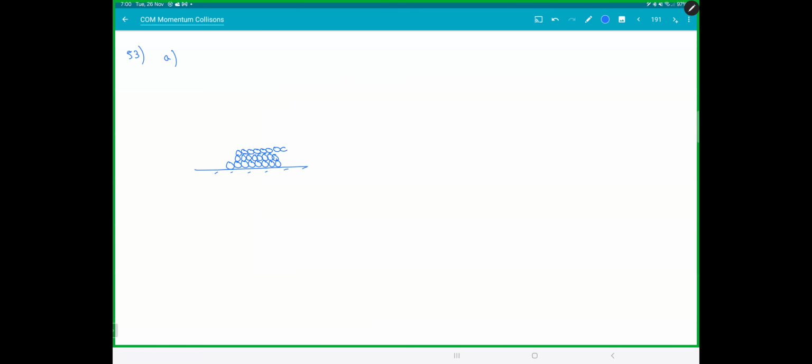The next type of category is chain questions. Let's say someone is pulling the chain with speed u. So the chain is pulled with constant speed u.